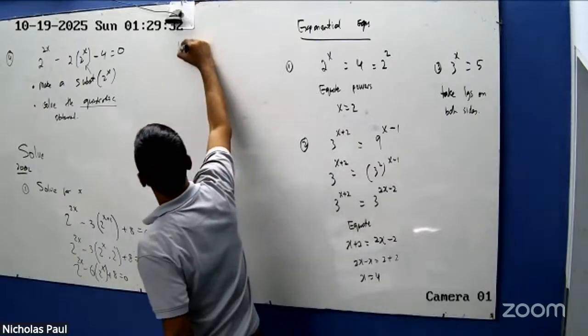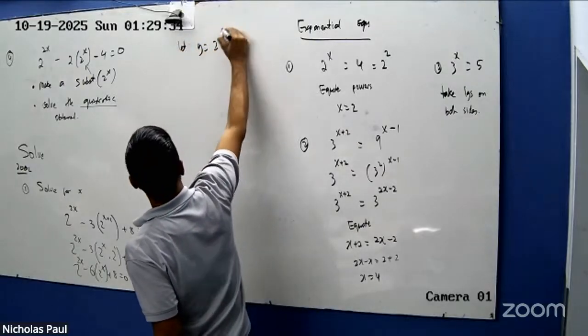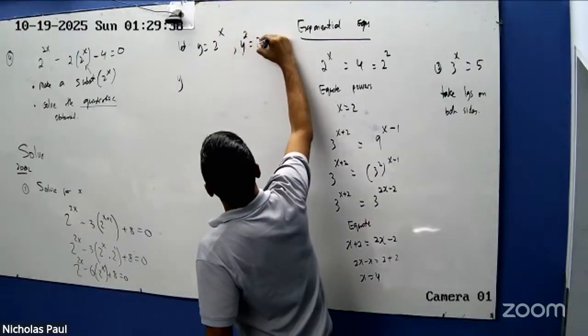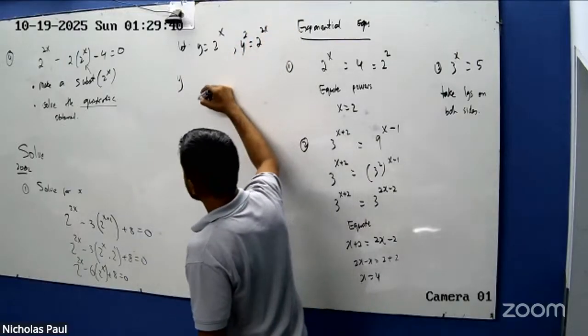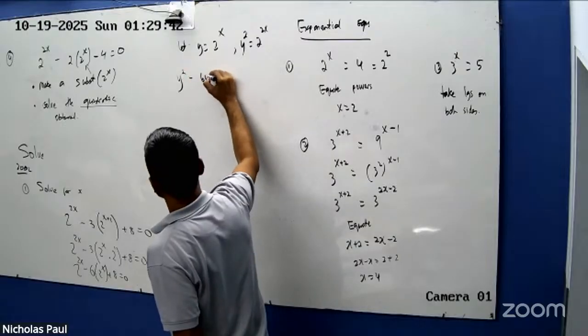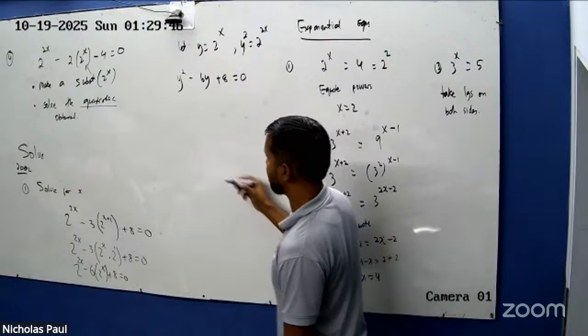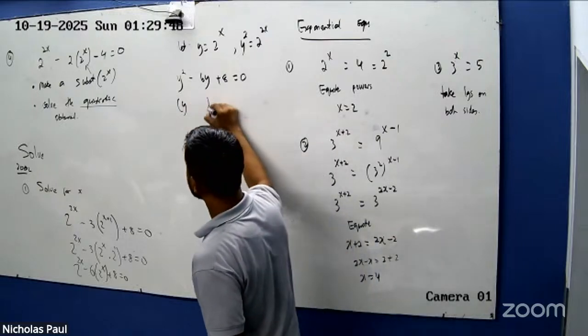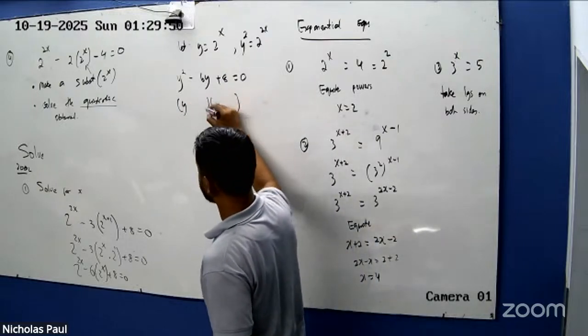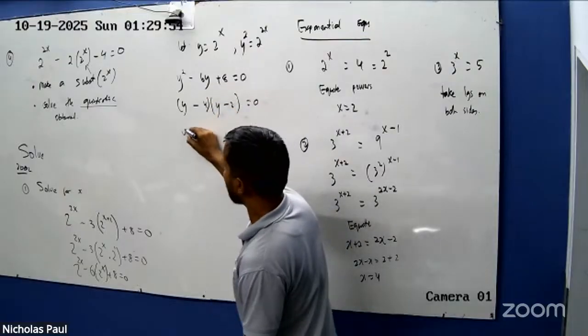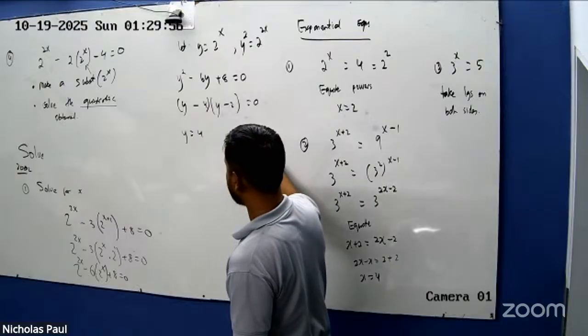As you all said, let y equal 2 to the x. Remember that y squared will be 2 to the 2x. So I have y squared minus 6y plus 8 is 0. Then we solve it. I got y to be 4, y to be 2.